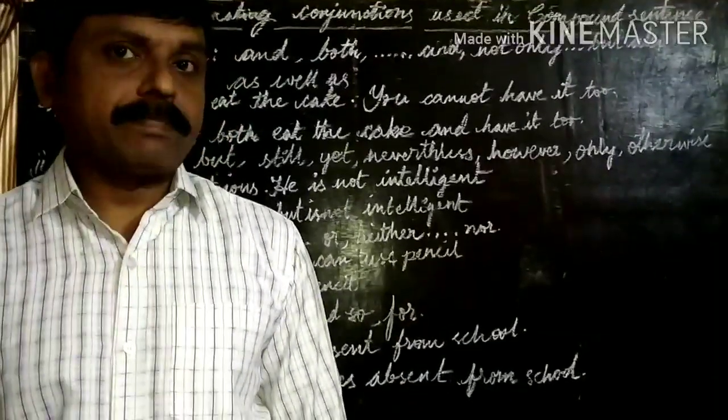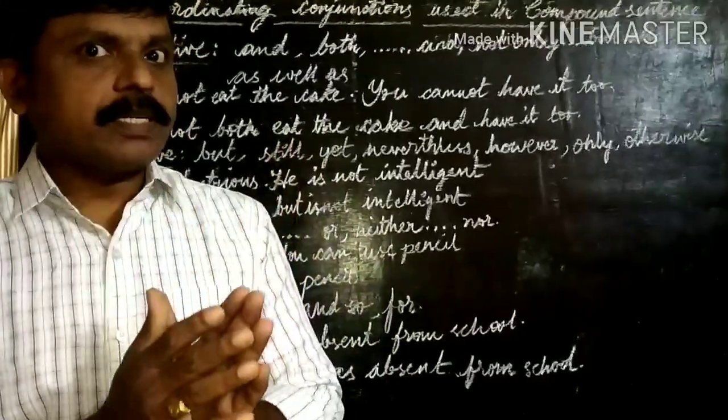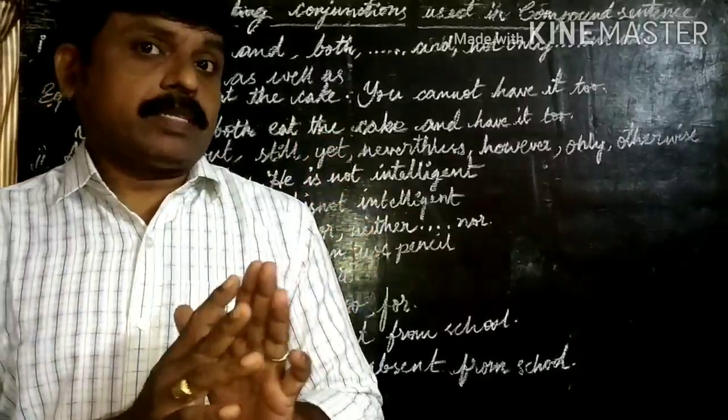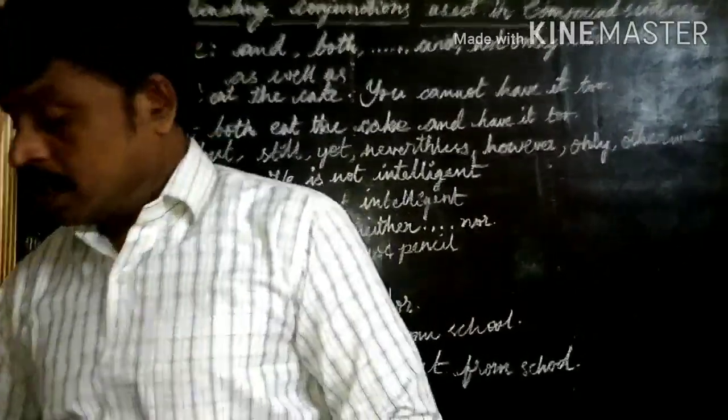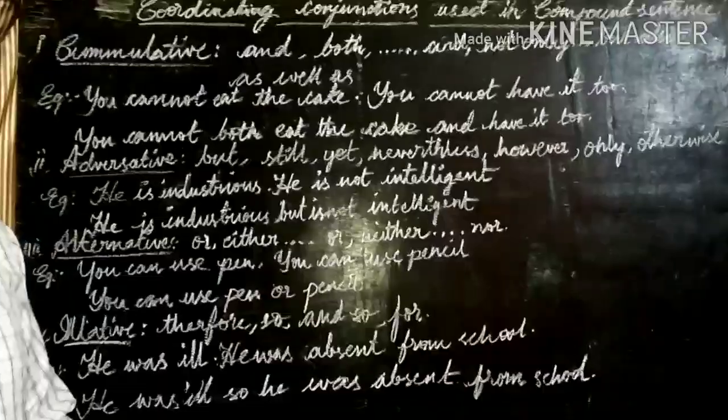Friends, till now we have learnt about compound sentences and their formation. Once again, let us remind how a compound sentence is formed. A compound sentence is formed with two main clauses, right? Now let us look at the conjunctions which are used in compound sentences.